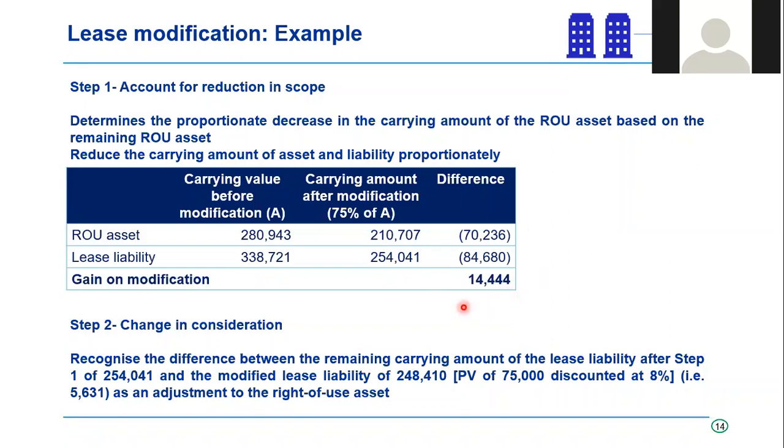Now the position that I have reached is I have now reflected an ROU asset and a lease liability by discounting 1 lakh rupees for 75% of the space at 7%, which was the rate on day 1.